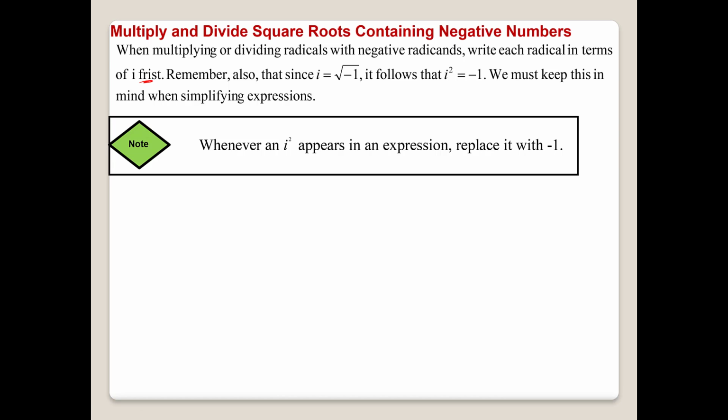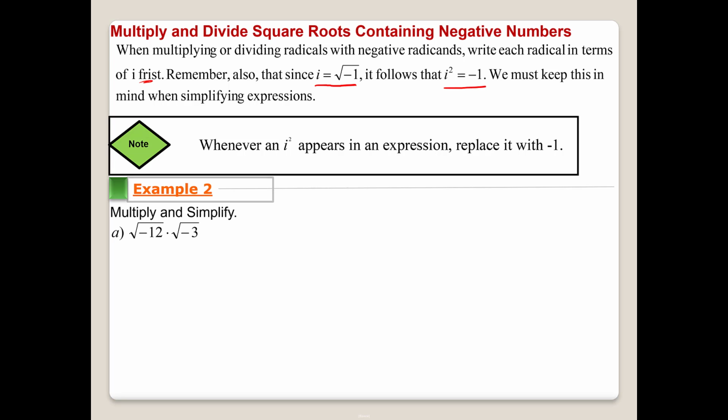Remember also that since i equals square root of negative 1, it follows that i squared equals negative 1. We must keep this in mind when simplifying expressions. So whenever you see an i squared, understand that means negative 1. So again, we got the rule. The beginning of this lesson, remember this guy, so i equals square root of negative 1, and i squared equals negative 1.